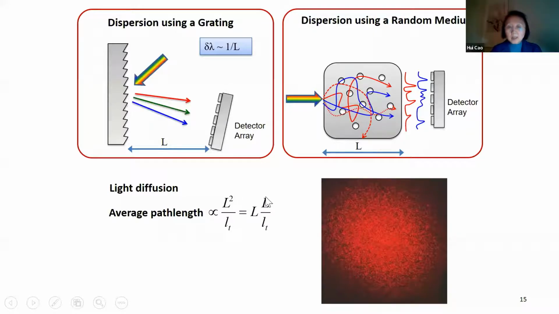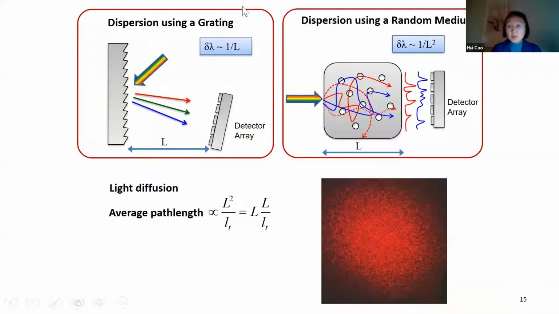So compared to the linear dimension L, we can increase the path length by a factor of big L over LT, which means the system size over the scattering length. And we can make this much larger, because the scattering length can be only a few microns. Then we can make our system size much larger than a few microns, so we can have a great increase of the average path length, and a great increase of spectral resolution.